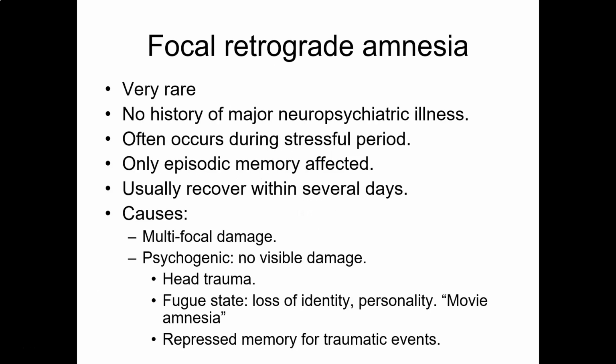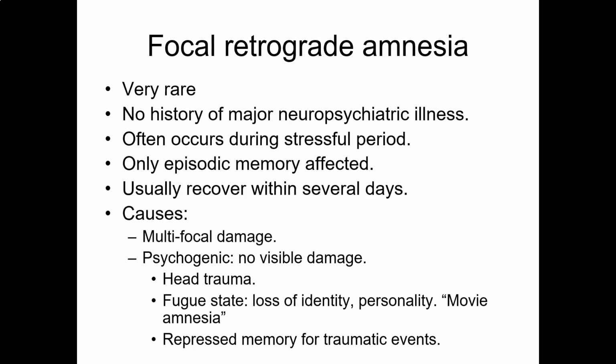Now, focal retrograde amnesia is very, very rare. Given the wide cortical distribution of retrograde memory, you would have to damage the entire cortex to basically lose all retrograde memories.